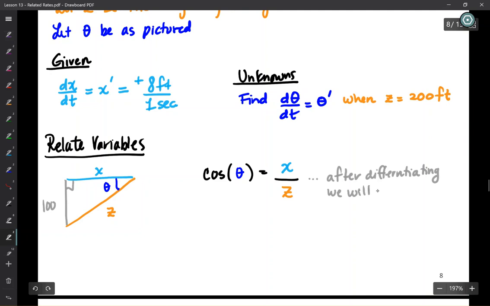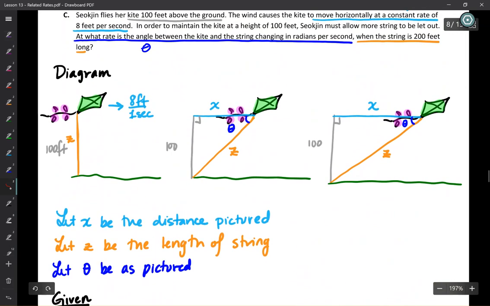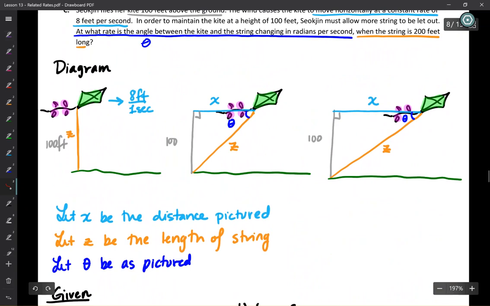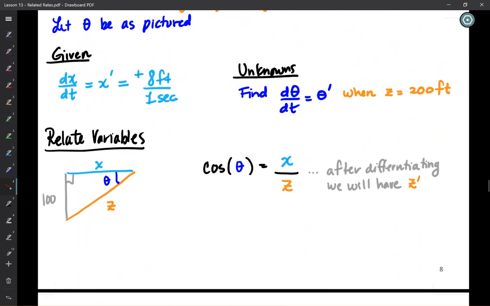We will have a z prime show up in that equation. And it's not that you can't go about finding that, but since z prime is not given, x prime is given, I want to try to avoid using z, right?